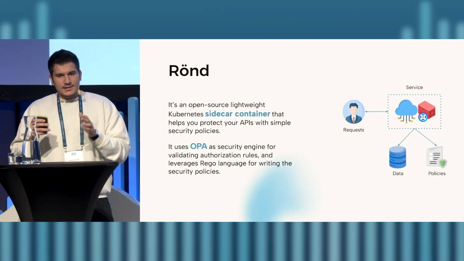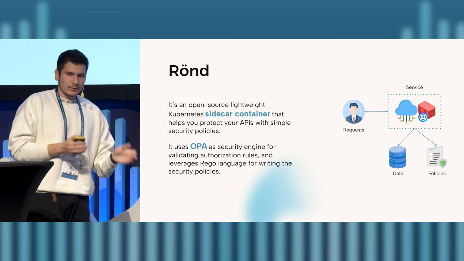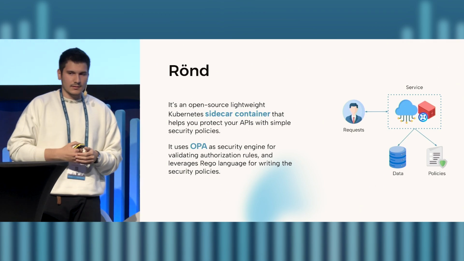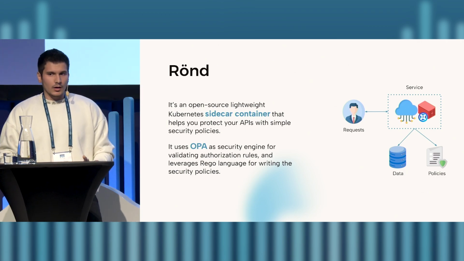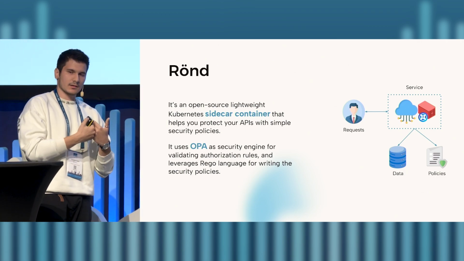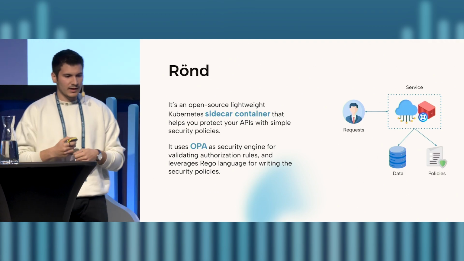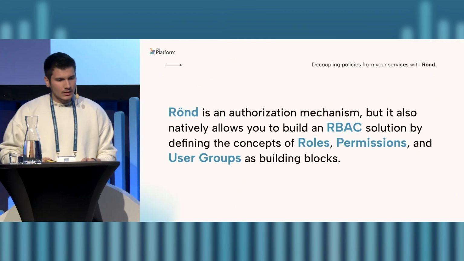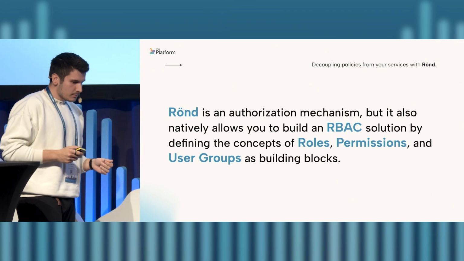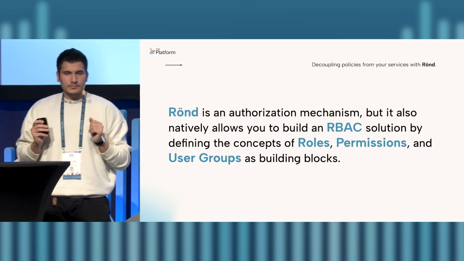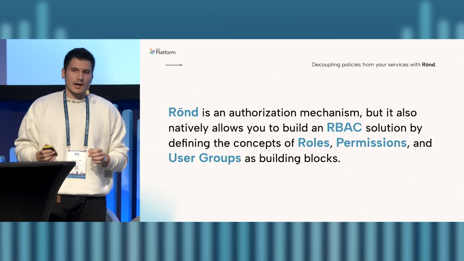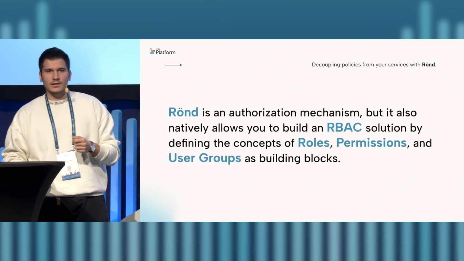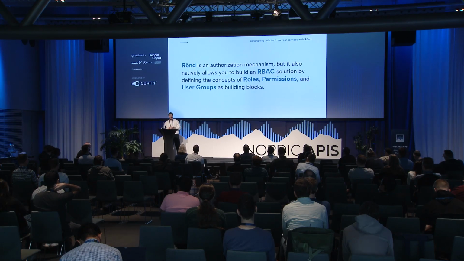We did that by designing Rönd as a lightweight Kubernetes sidecar container that runs alongside your microservices, and leverages the Open Policy Agent capabilities as a security engine for validating authorization rules. So Rönd is basically an authorization mechanism, but it also allows us to build our RBAC solution by natively integrating as building blocks concepts like permissions, roles, and user groups.